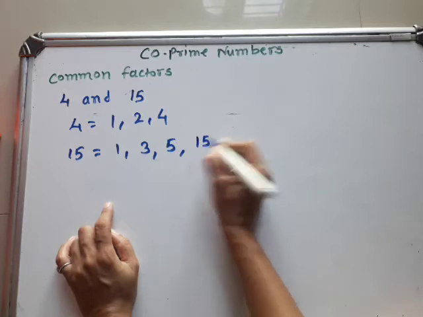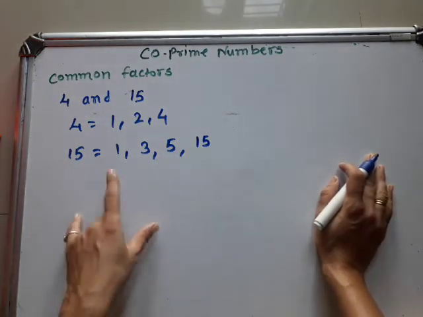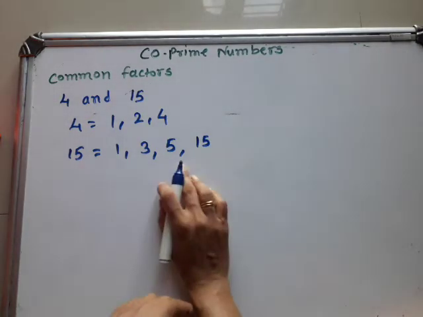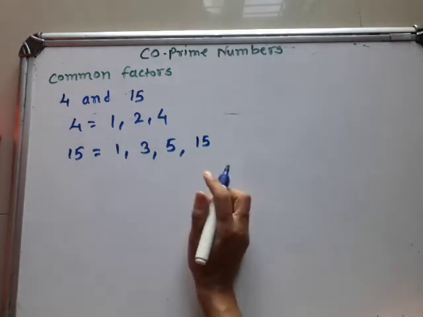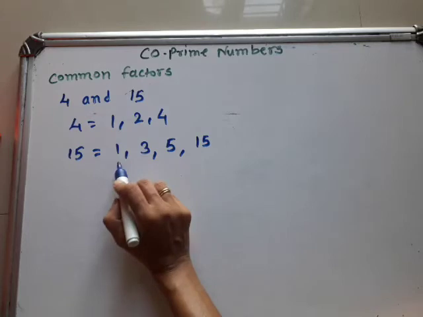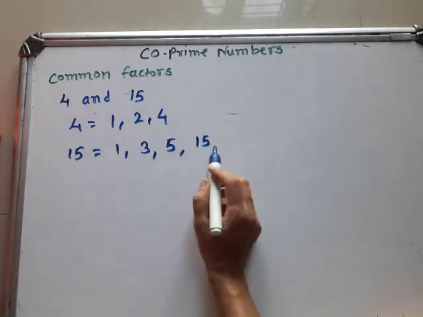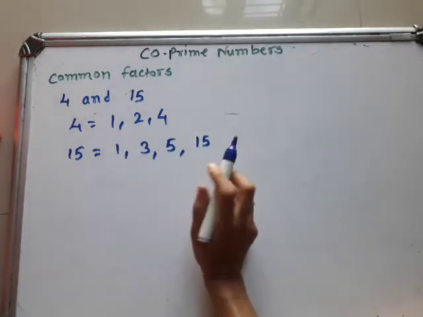Directly we get 15, 15 ones are 15. So the factors of 15 are 1, 3, 5 and 15.